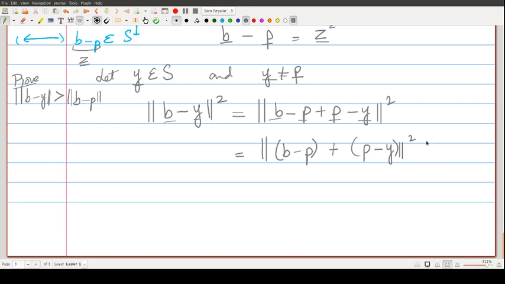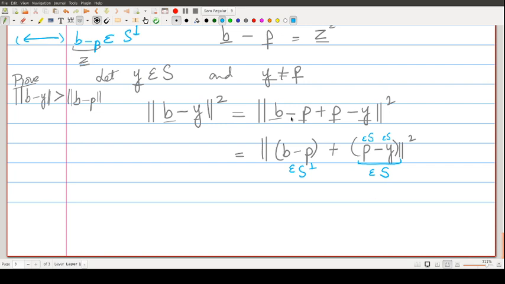Alright, now here's the thing: the vector B minus P is in the orthogonal complement. That was my assumption. This vector P is in my subspace S, and this vector y is also in my subspace S. That means this P minus y is in my subspace S.